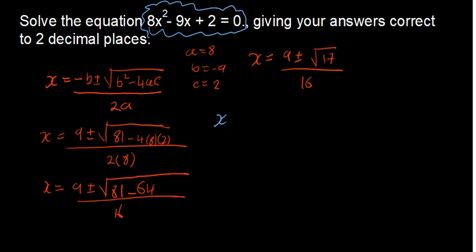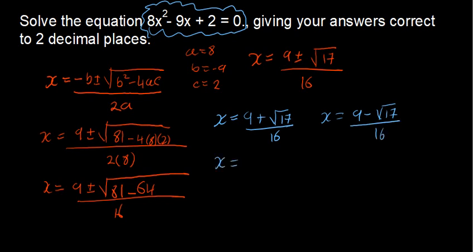In this case, x is going to be equals to 9 plus the square root of 17, divided by 16. Another x is going to be equals to 9 minus the square root of 17, divided by 16. The square root of 17 is 4 point something, because the square root of 16 is 4.